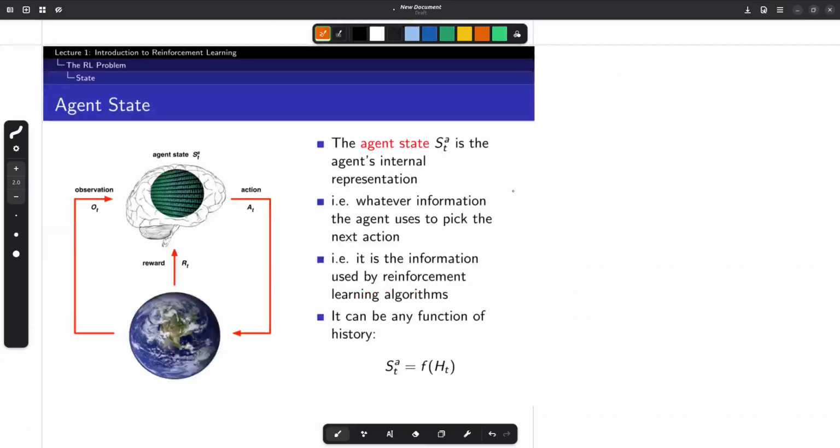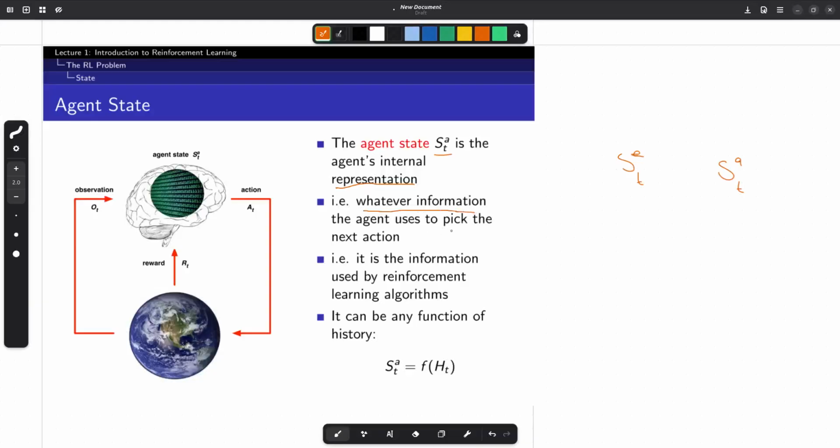And the agent state. So we had the environment state in the previous slide, and we also have the agent state. Agent state is the agent's internal representation. So it is internal to our agent, and it is whatever information our agent uses to pick the next action.